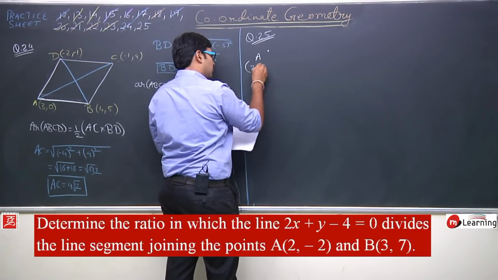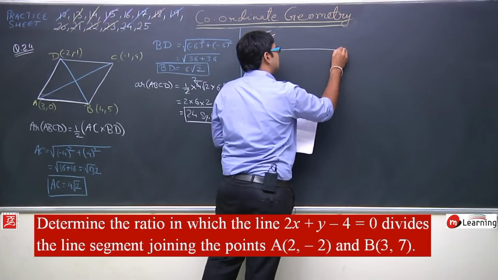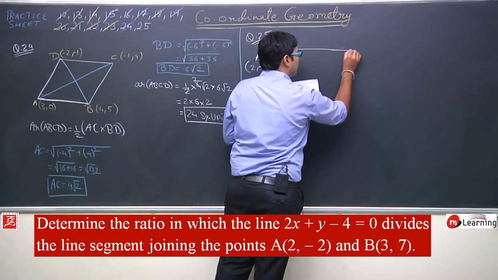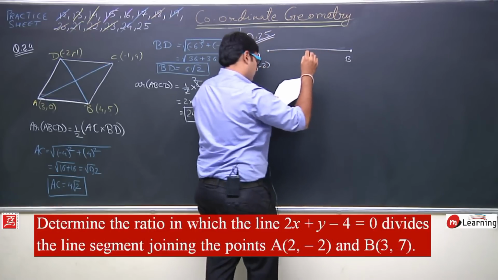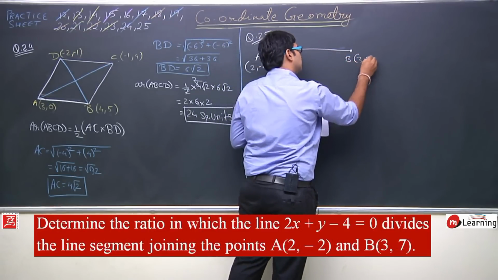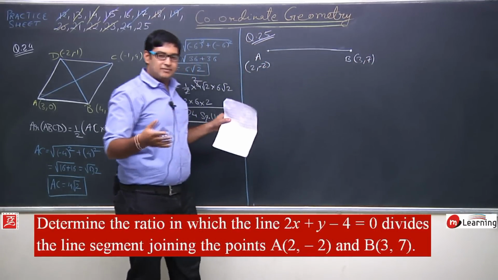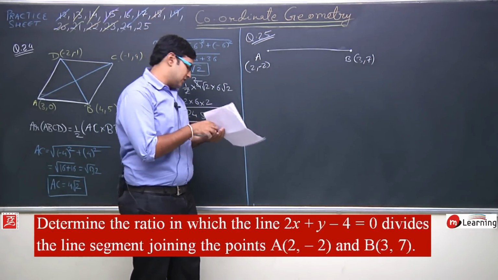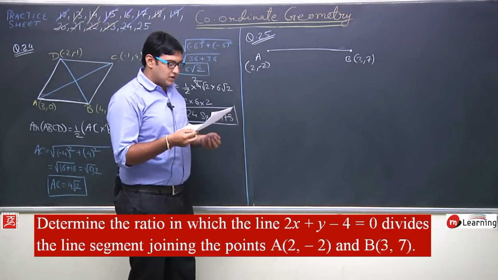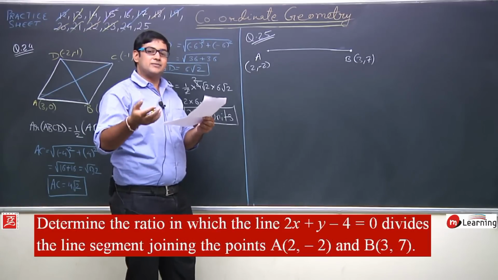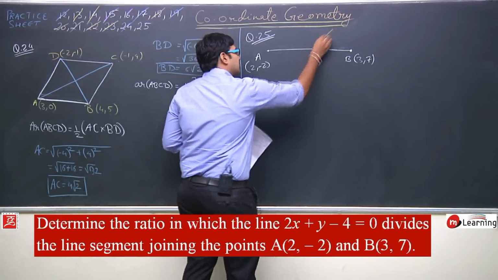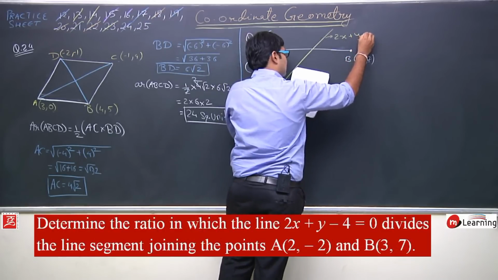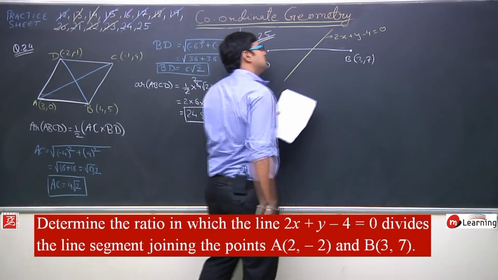It is 2, minus 2, and this is the another point, which is B, which is 3, 7. So there is a line segment which joins A and B, and this line segment is divided by another line, which is 2x plus y minus 4 is equal to 0.